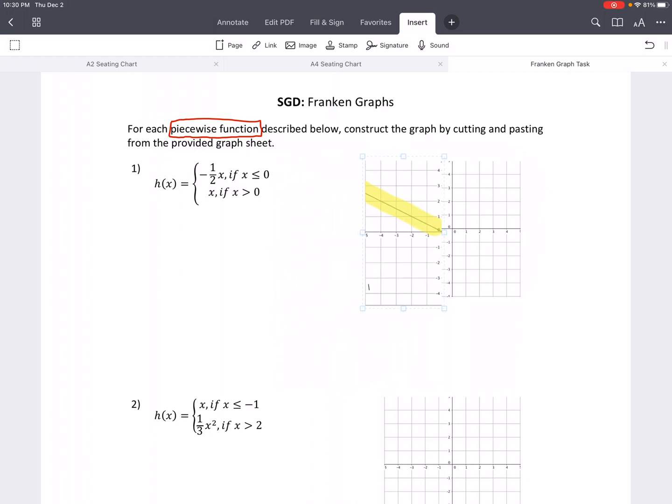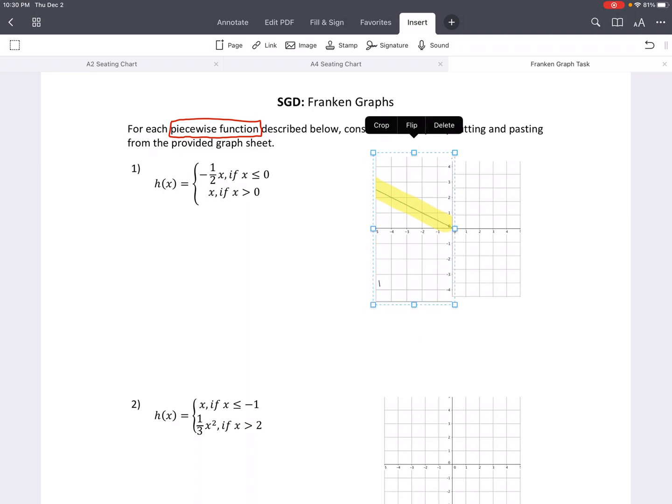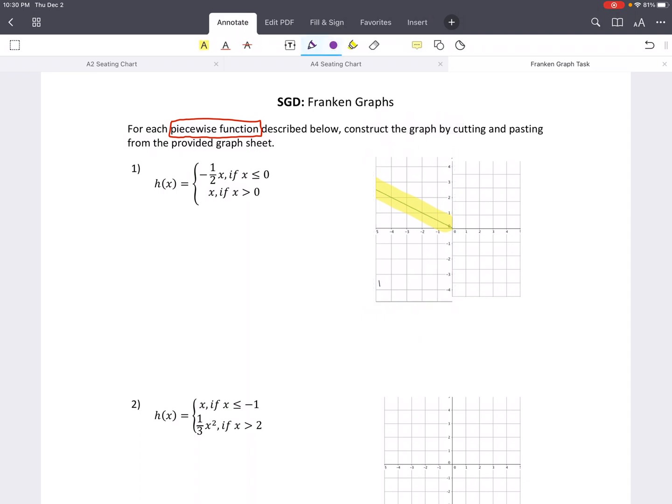And what we're going to do is place that here on this graph. This was -1/2 x if x is less than or equal to 0. That's what that graph represents.